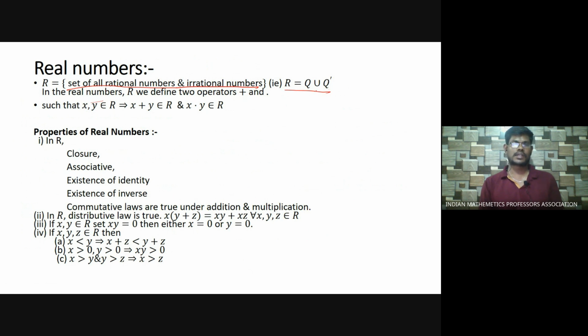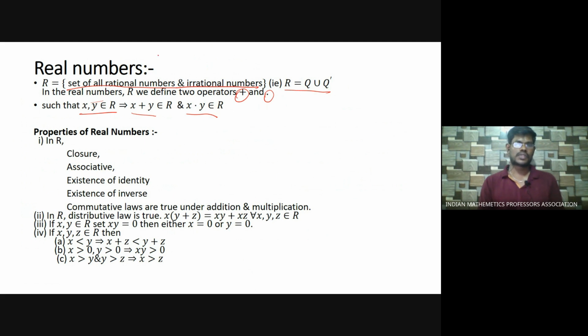This is called the real numbers, which should satisfy several conditions. In the real numbers, we can define two operations: addition and multiplication. So we can write that x, y belongs to R, x plus y belongs to R, as well as x times y belongs to R. Okay, so this is the basic definition of real numbers.